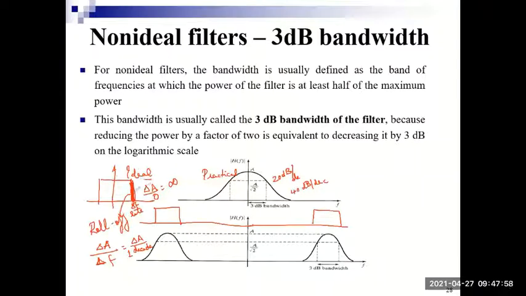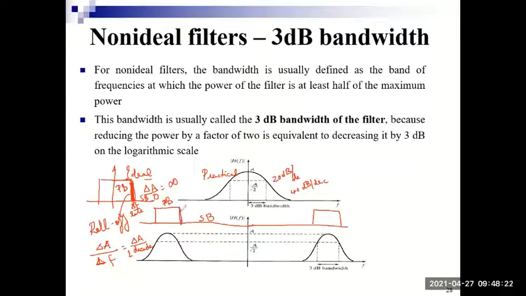Where you have infinite roll-off, why do we call this the transition band? Because it represents the change from pass band to stop band. We call this the pass band, the place where it is passing the signals. And the region where it is attenuating the signals, we call it the stop band.